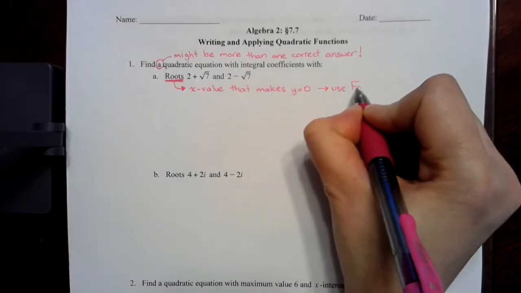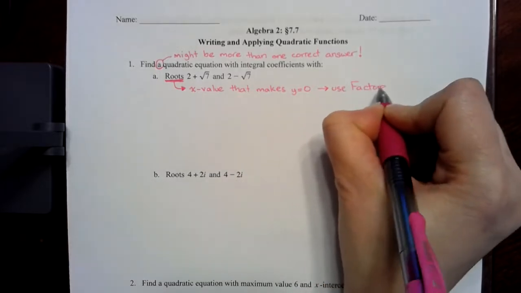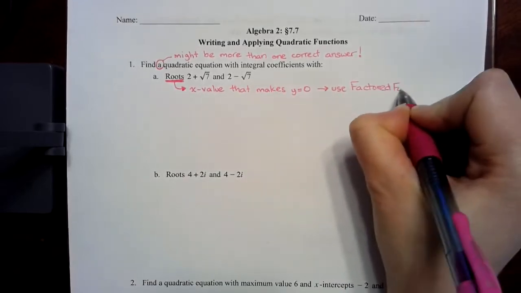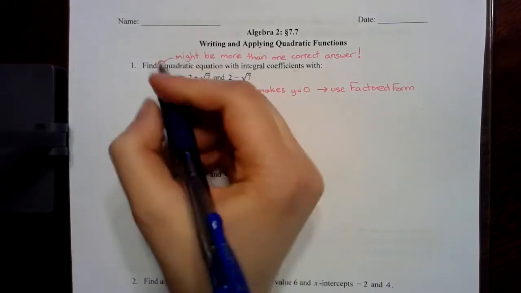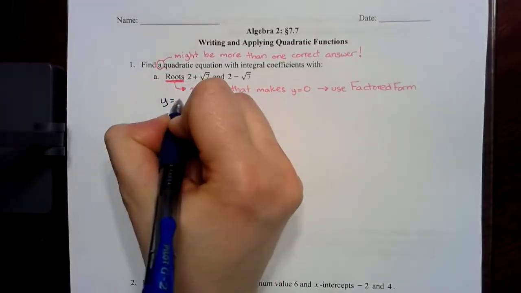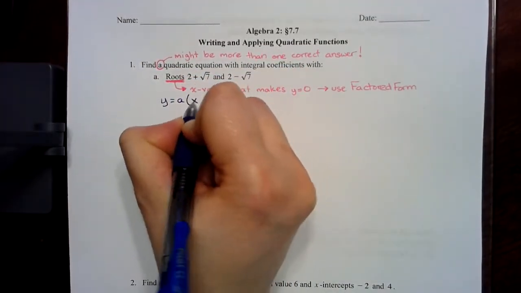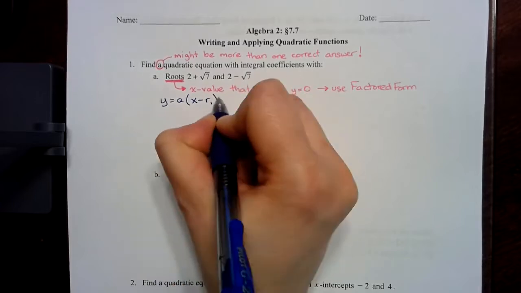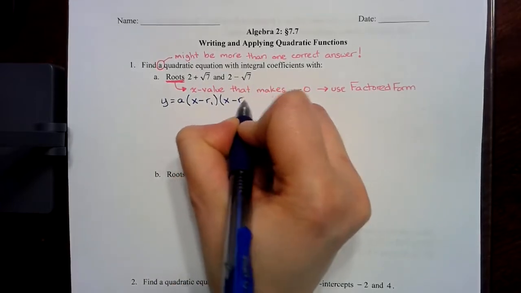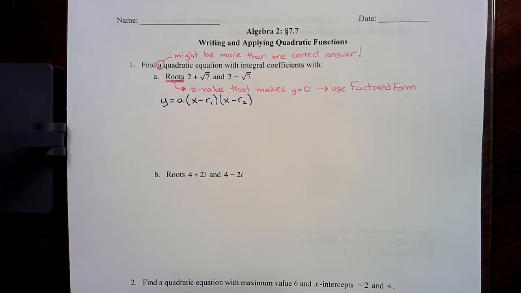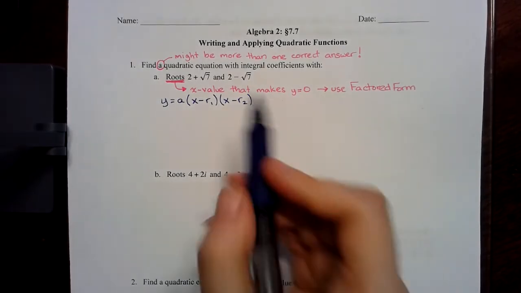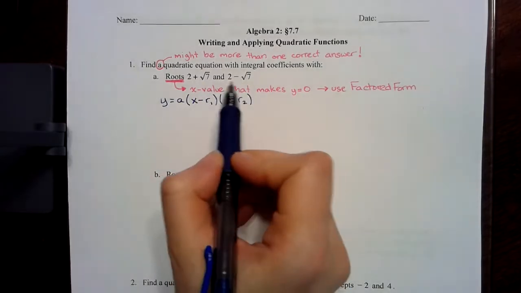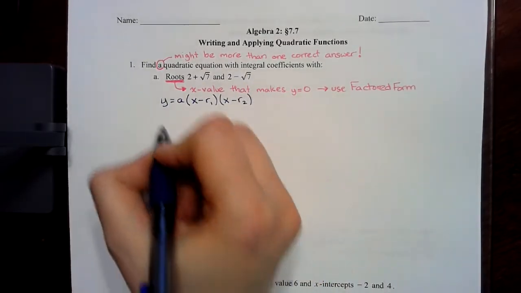And we're going to use our factored form. So I'm going to start with my equation, y equals a times x minus the first root, times x minus the second root. In this case, I have roots of 2 plus root 7 and 2 minus root 7.